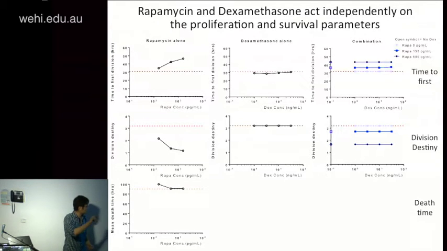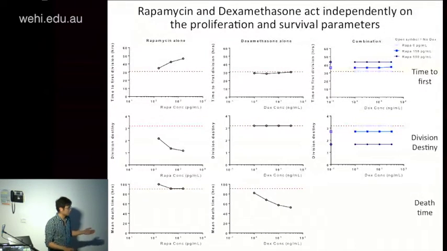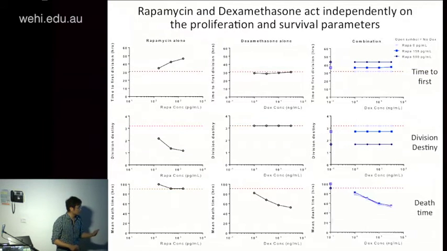If you were to explore the effects on survival, so the mean time to die, or the death time, you can see that rapamycin does not have an effect on the death time, and I've shown you before that dexamethasone decreases the death time in a dose-dependent manner. In combination, even with increasing doses of rapamycin, the death time does not change. So it's really nicely showing that the effects of these two drugs on survival and proliferation are independent.